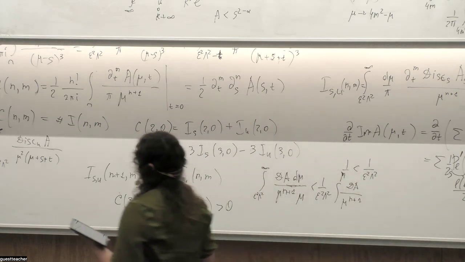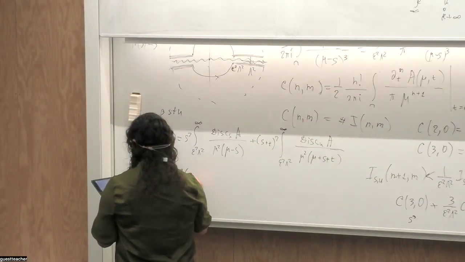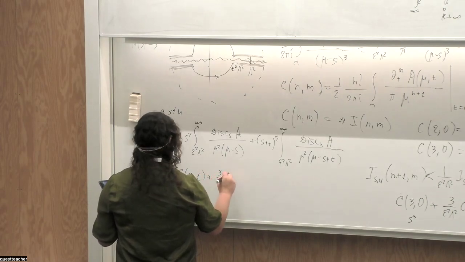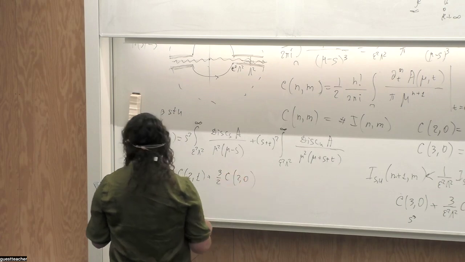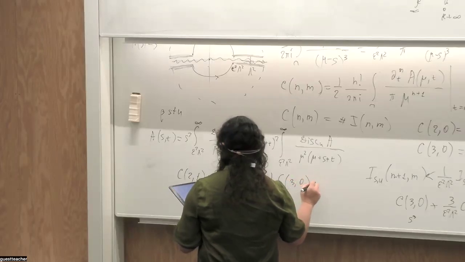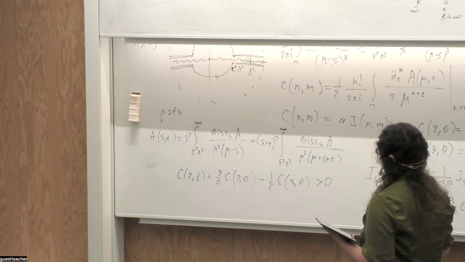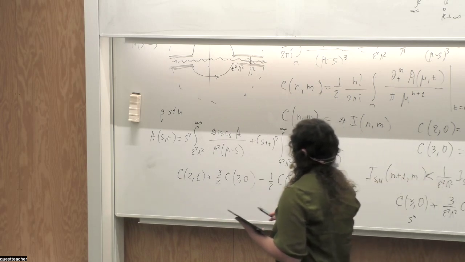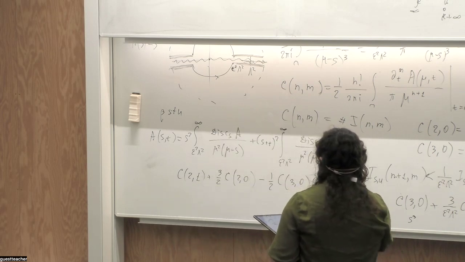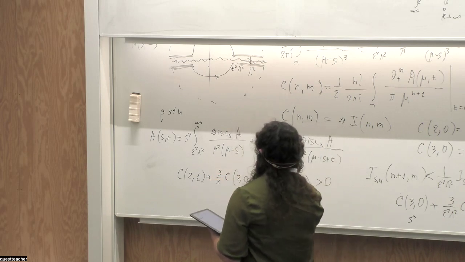So in a bit more complicated way, we can also derive that C21 plus 3/2 C20 minus 1/2 C30 should be positive. This is the best we can get. So again, playing with the relation between C21 and integrals. If I compute C21, why am I getting negative contributions?